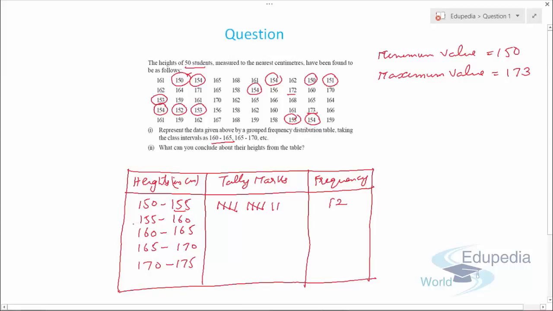Now between 155 to 160, we need to count. This means the value should be less than 160. Over here we need to be very careful.